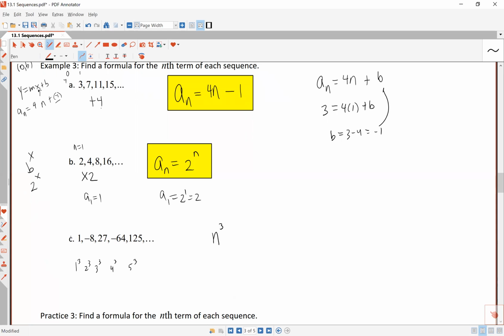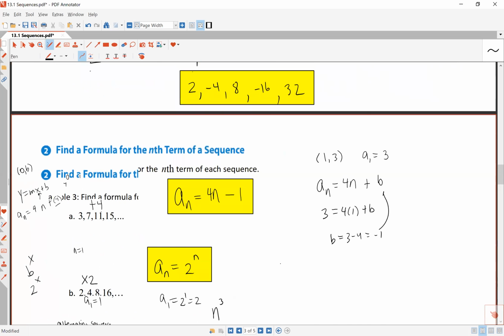And then we see the alternating sequence. Alternating sequences are always obtained by using either -1 to the nth or -1 to the n plus 1.